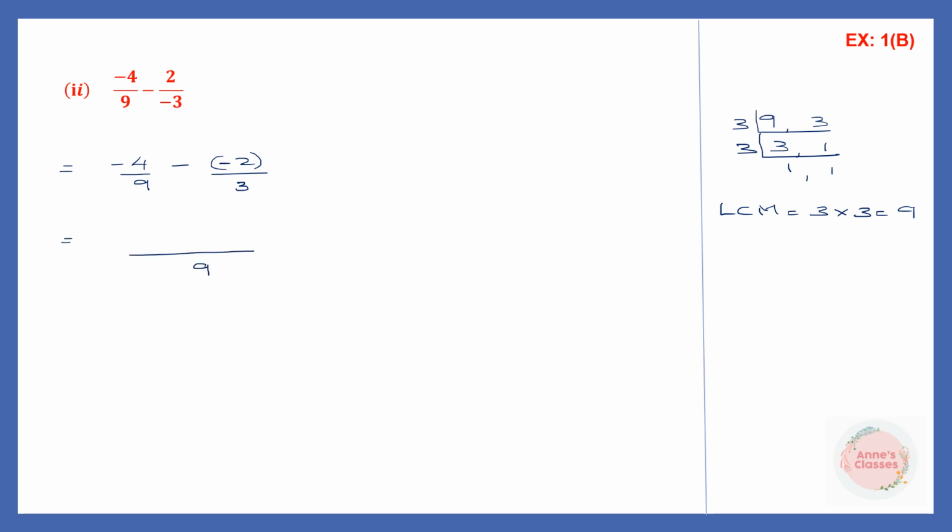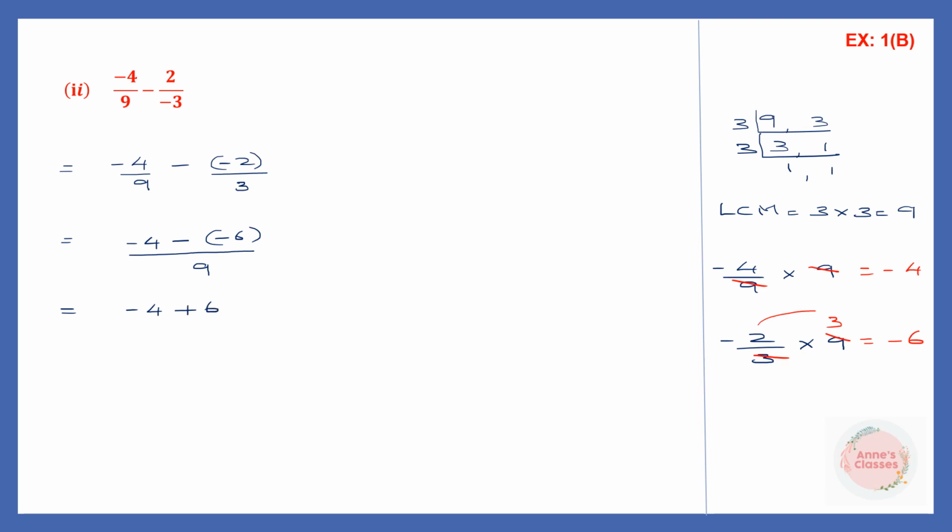Take the first rational number minus 4 by 9. Multiply it by the LCM 9. Cancel. So what do we have left? Minus 4. So our first numerator is minus 4. Take the second one, minus 2 by 3. Multiply it by the LCM. Cancel. 3 threes are 9. Now multiply these two. Minus 2 into 3 is minus 6. So here we have minus 6. Let's open the bracket now. Minus 4 plus 6.